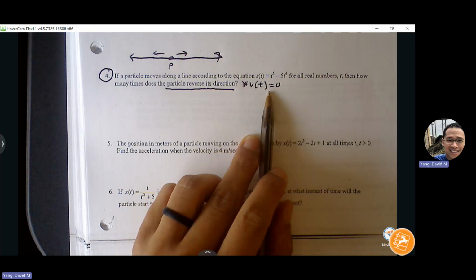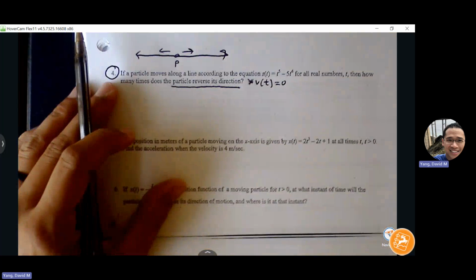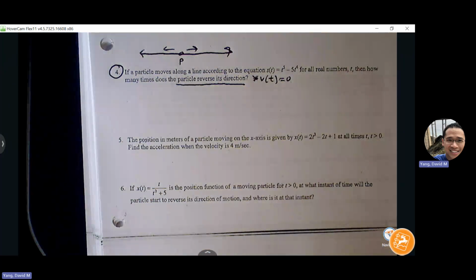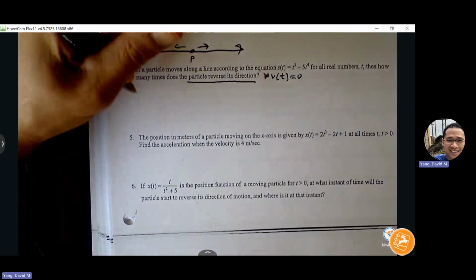It doesn't guarantee it, but we know this has to happen if it's going to change direction, right? It's got to stop for a moment before it can move. So that's the key there. We're going to figure out where velocity is equal to 0, and then from there, we can decide, okay, does it actually change direction on either side of that velocity 0?